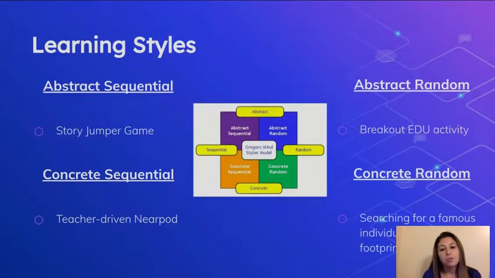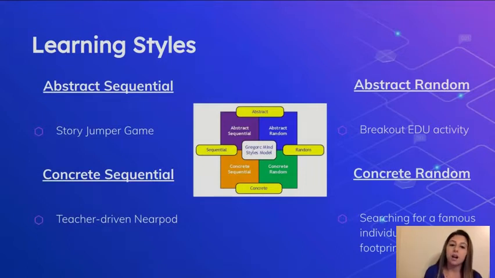As for abstract random, the Breakout EDU activity, there are different parts to it. So if you open up one box, you don't necessarily have to open up a box of a certain size. Sometimes you unlock something and you can go in different directions. So it will help those learners that are used to learning in random ways instead of in a sequence.